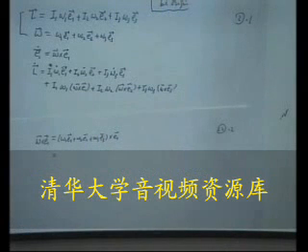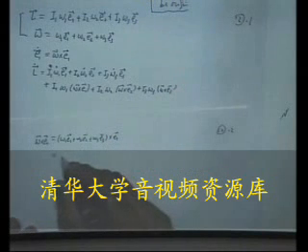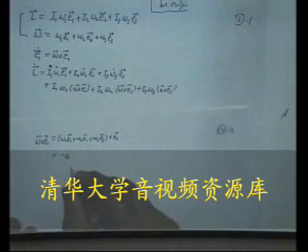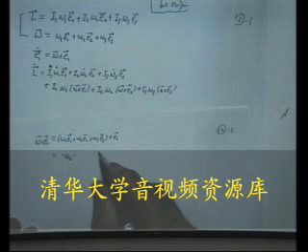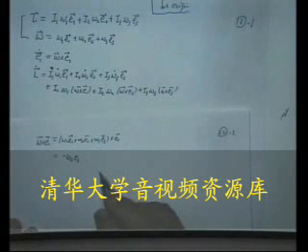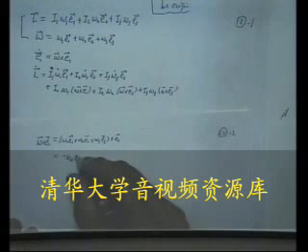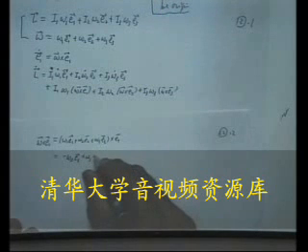E1 cross E1 is 0. E2 cross E1 is minus E3. So we get omega 2 times minus E3 plus omega 3 E2.